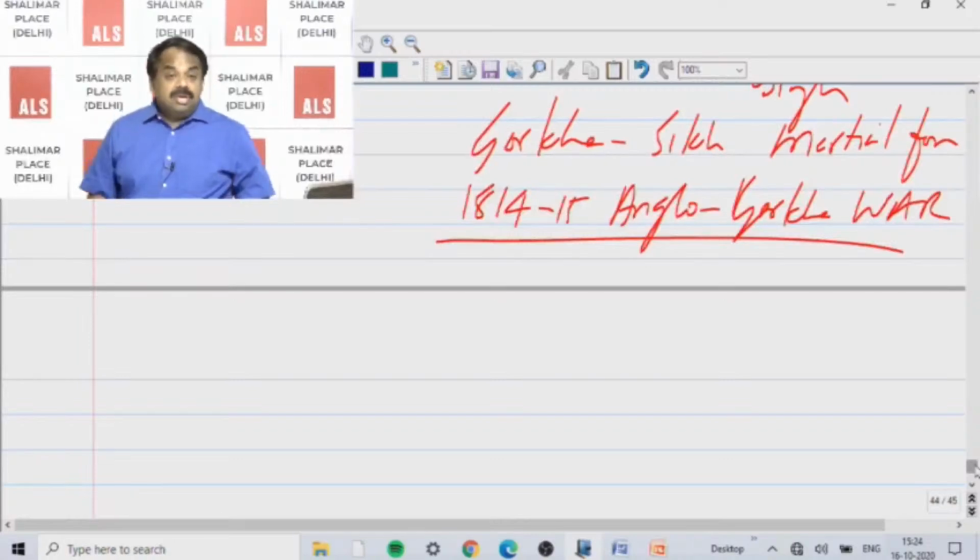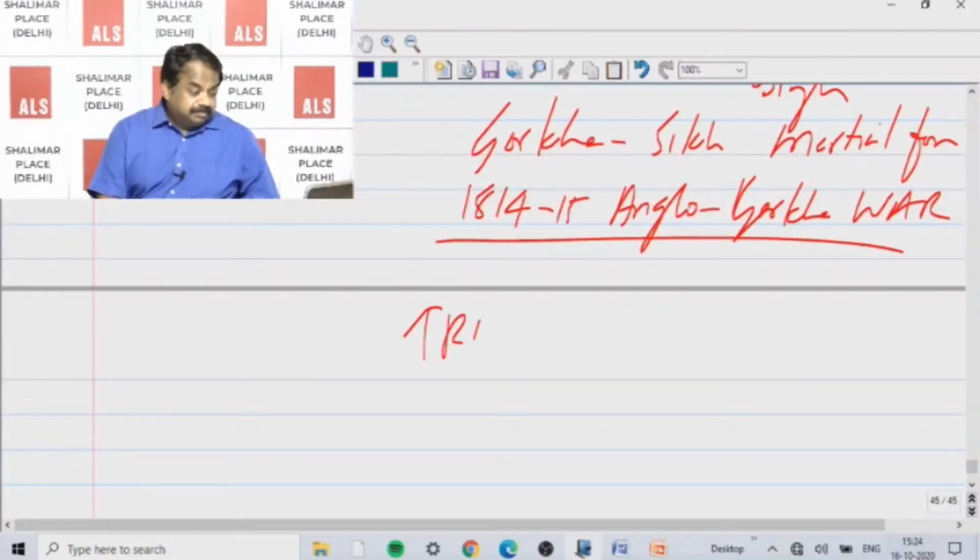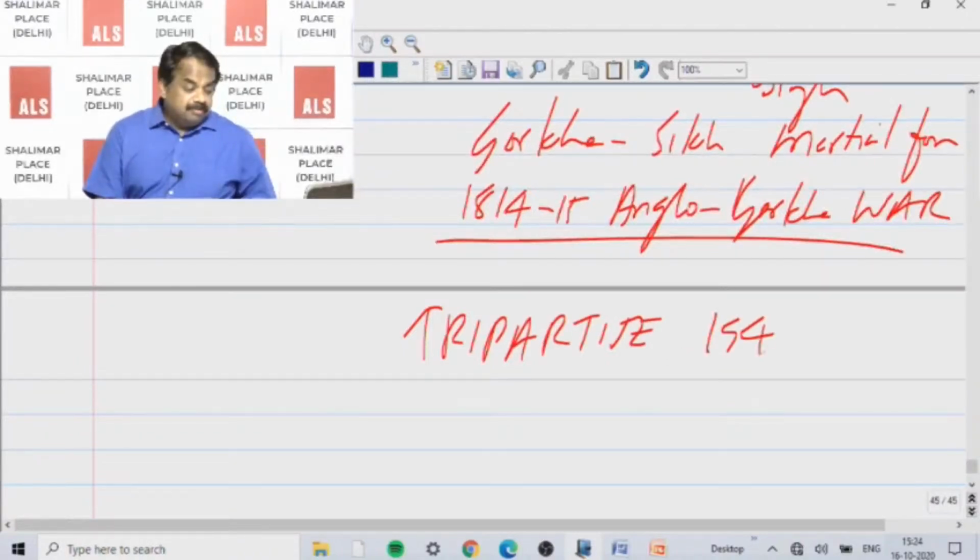And in 1947 there was a tripartite agreement between India, the UK and Nepal.